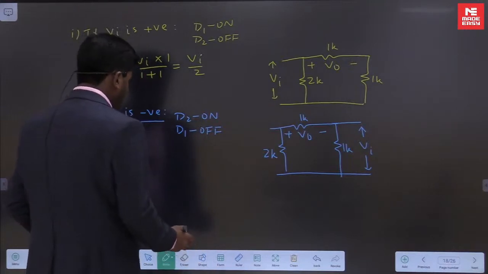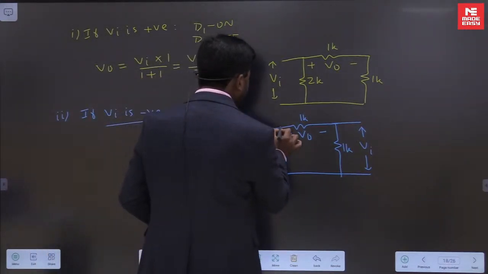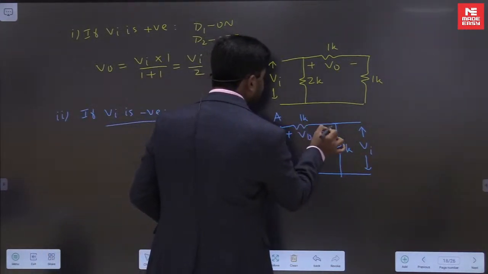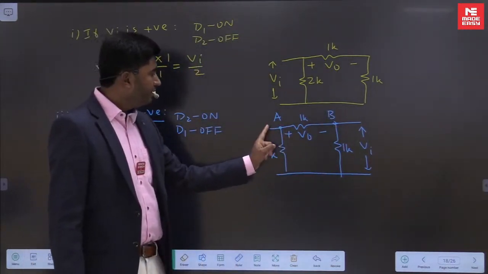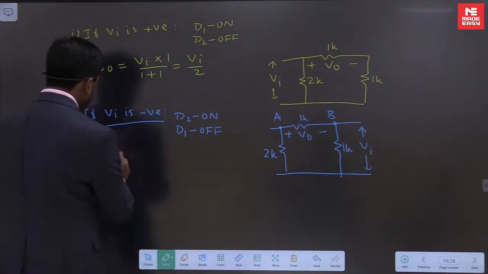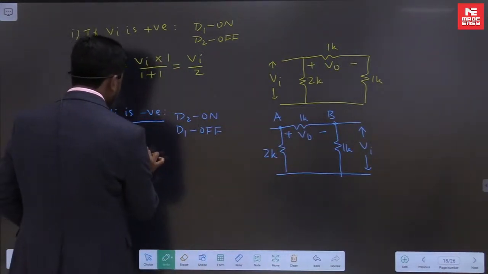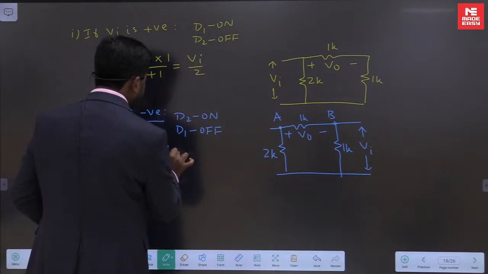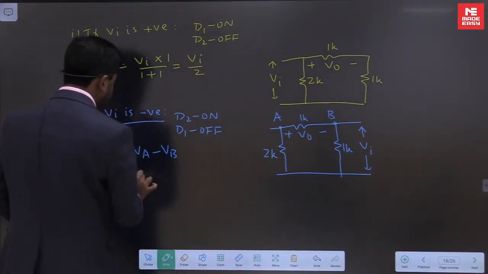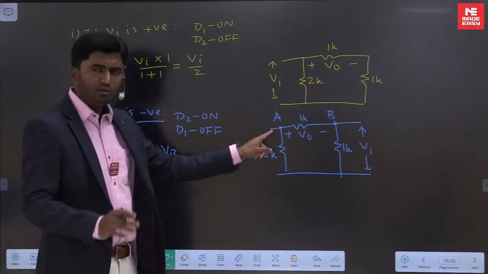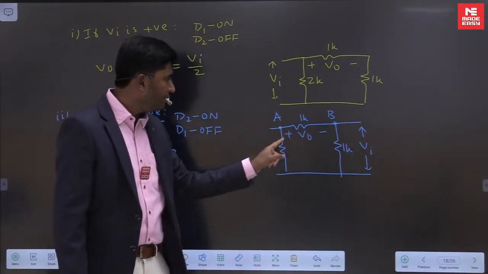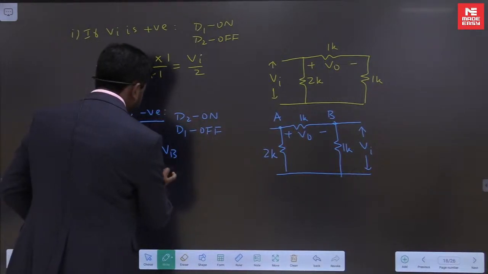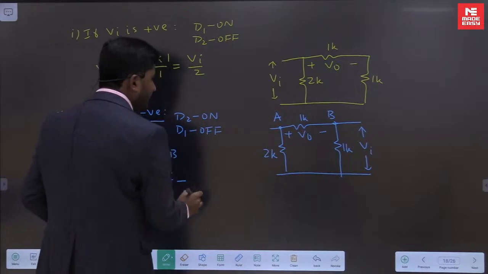Now V0, we will find it this way. Let's write this as node A, and this will be called node B. Then V0 is VA minus VB. V0 is equal to VA minus VB. If you calculate VA through voltage divider, it will be VI into 2 by 1 plus 2, minus VB.